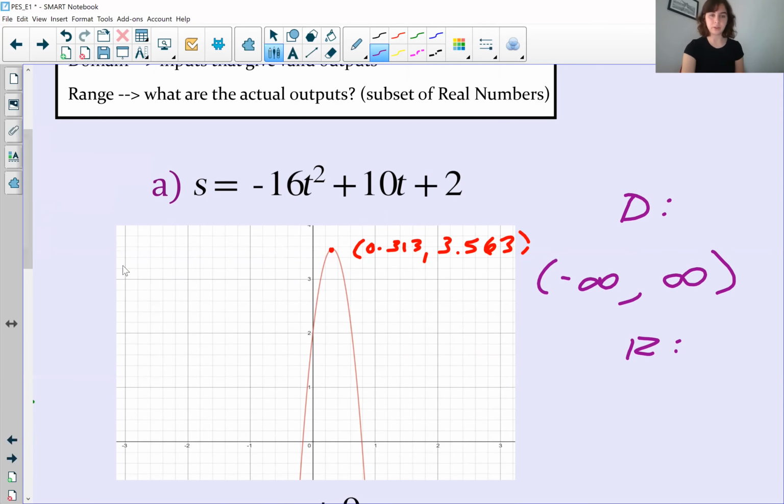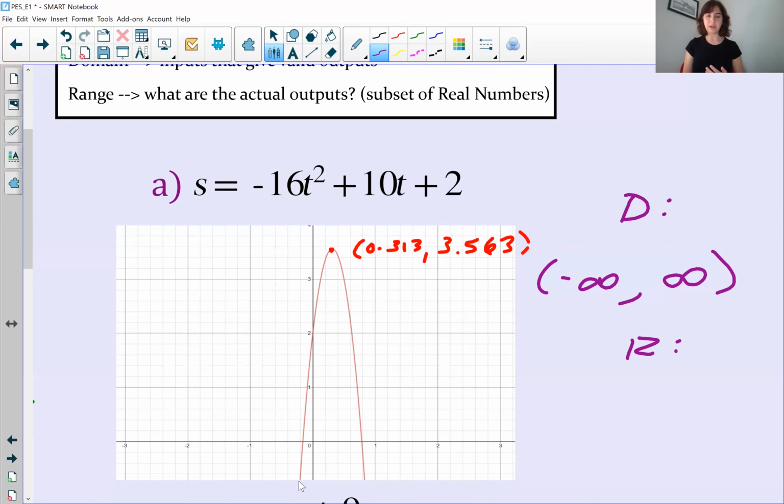And I have a graph here to show you that. This is a downward facing parabola, so we have a vertex at the top. And so our range is going to have a maximum value. We can see that it does go to negative infinity in the y direction, but it's going to have that maximum value at the vertex that is going to restrict our range.